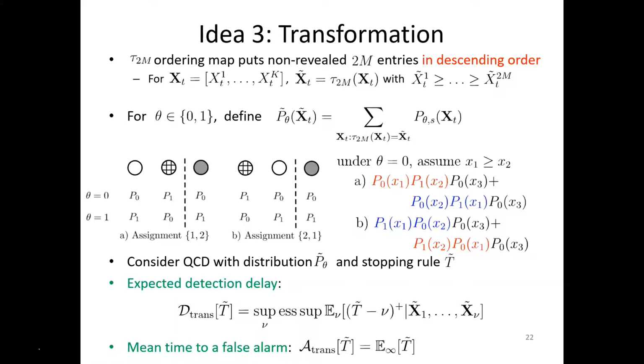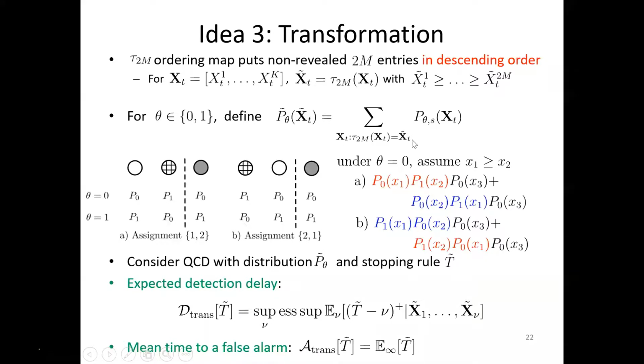For the other 2m parts, whose identities we don't know, we just put them in descending order. That's what the function tau 2m does. And we define p theta tilde to be something like this: we sum over all the p theta S of x_t, and we sum over all the x_t such that after the tau 2m map, they become the same x tilde.